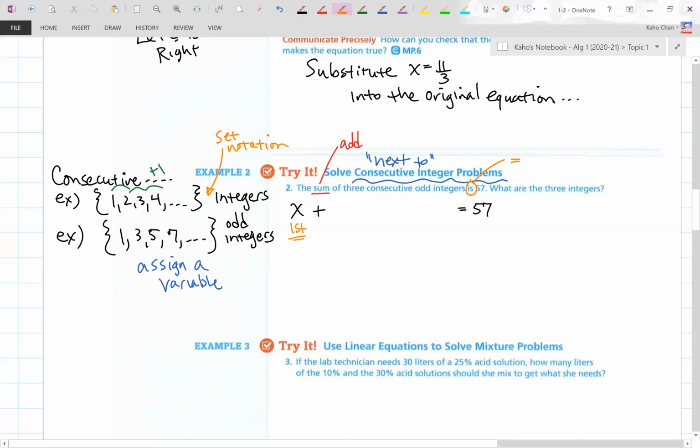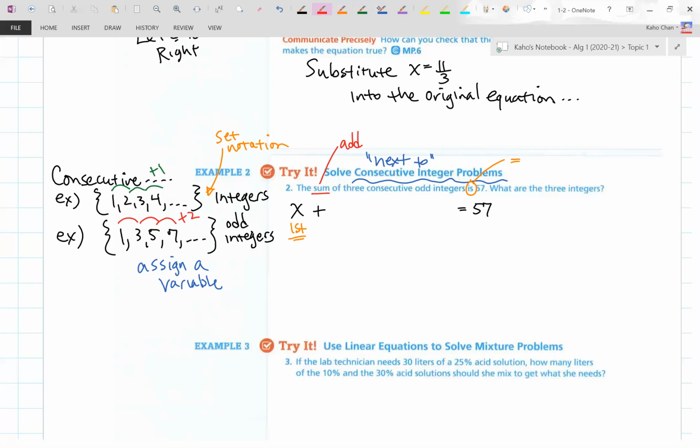My second odd integer is not 1 apart like my regular integers, but it's actually 2 apart. See how this goes? I could have given you the problem like in the first example, 1, 2, 3, 4, but in this case, it's 2 apart.